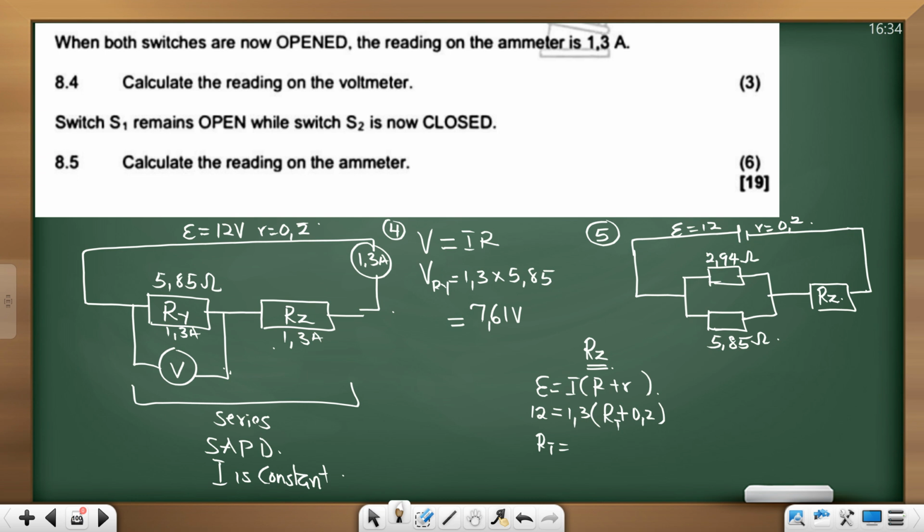9,03. Now that's my total. But remember that our total is Rx plus Ry, no, plus Rz. So get me Rz: 9,03 minus 5,85.